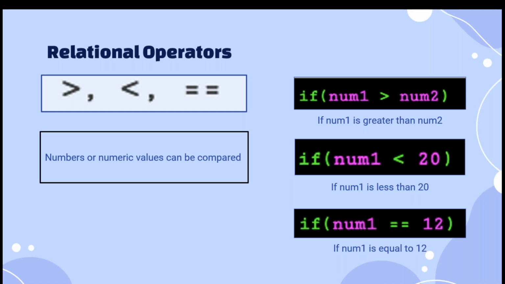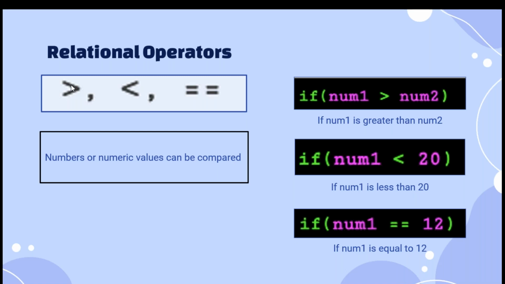As you can see, I have attached some images here. There are three main images I want to draw your attention to, which are examples of how relational operators can be used. At the top, under the heading of relational operators, I have three of the major relational operators that we'll be seeing frequently, not only today, but later on if you continue to use Java.